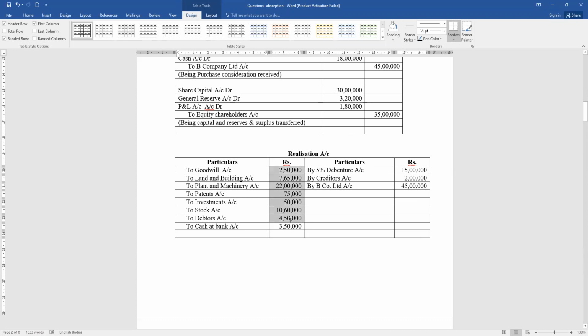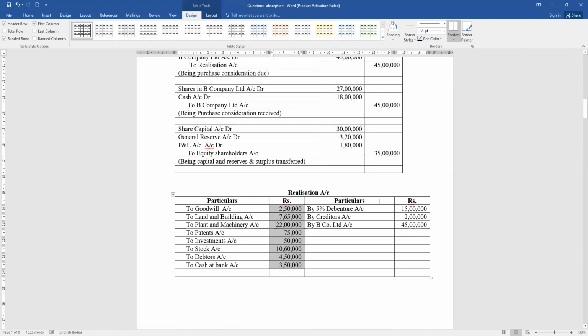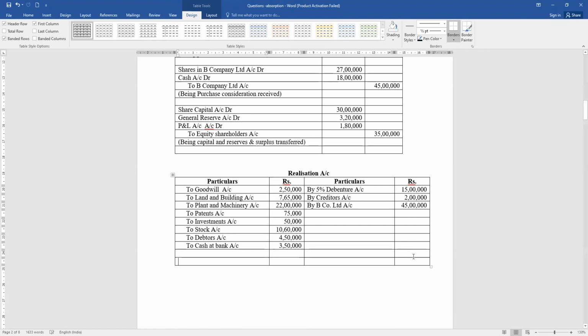The total of the debit side, that means all the assets, you know very well, is 52 lakhs. Already you have tallied. And now what is the total of this one? If you take this, 45, 50, 60, 62 lakhs. That means the credit side has the larger total. So the total of the credit side is 62 lakhs. Write the same thing on this side also.